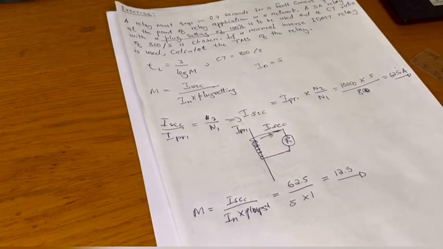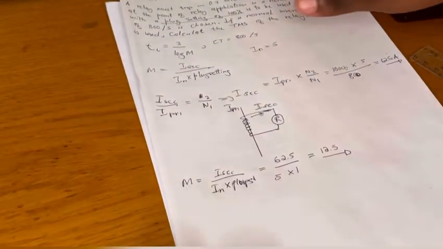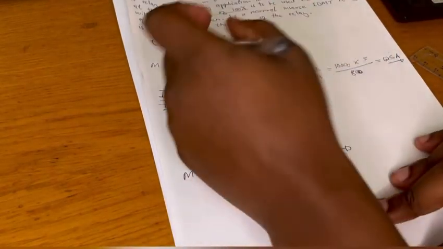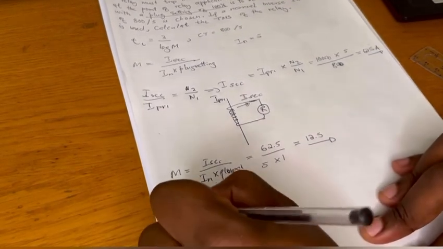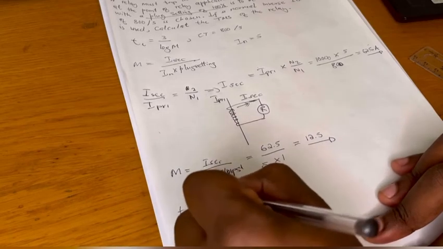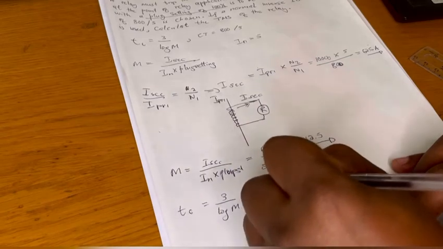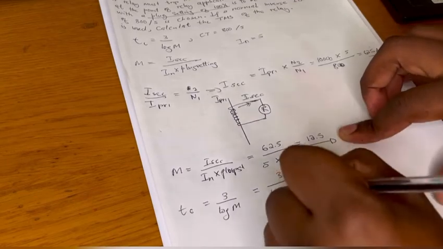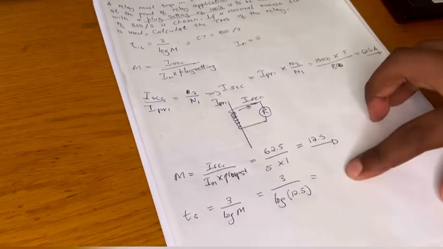So now we can calculate the tripping time of this relay, which is defined by this formula. TC is equal to 3 over log M. So 3 is divided by log of M, which is 12.5.